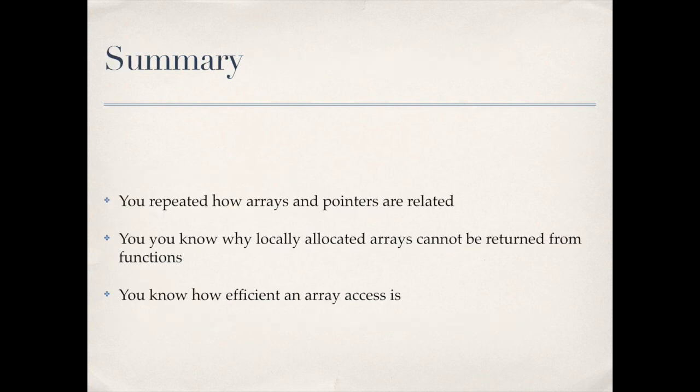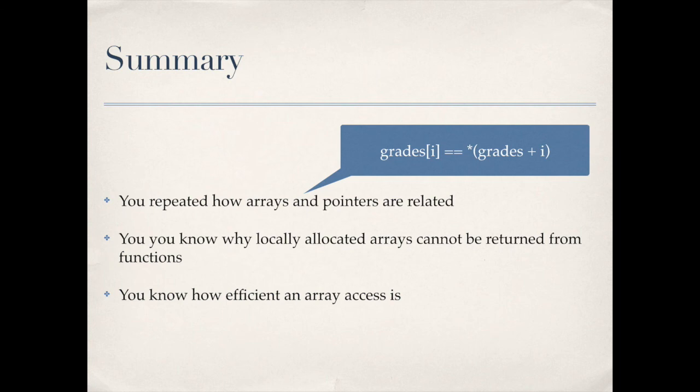Just to summarize what we did today, we repeated how arrays and pointers are related. It was how we calculate in the background which address belongs to some index, or how to find an index by calculating its address.